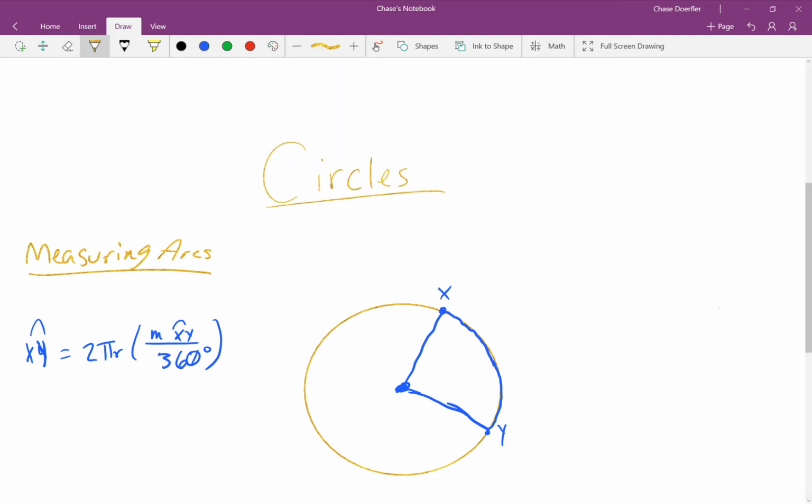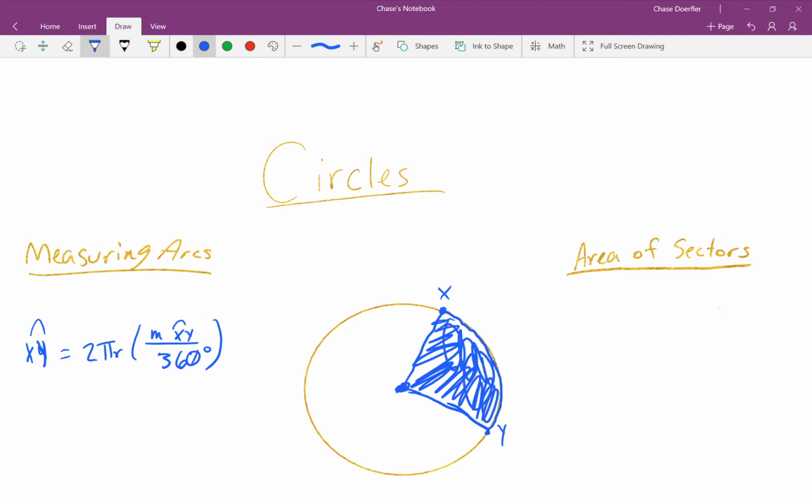And on the other side of the page, I'm going to put area of sectors. And this would be this entire shaded part that consists of a central angle.